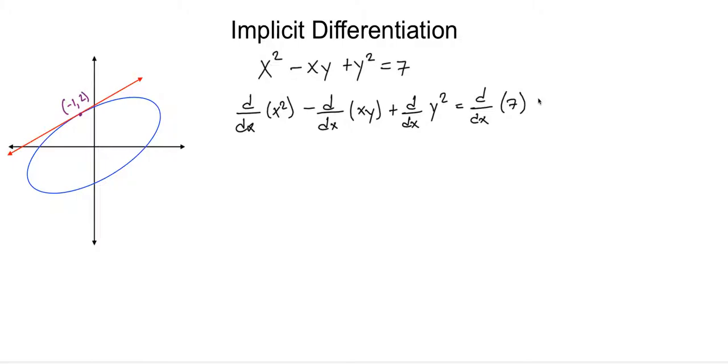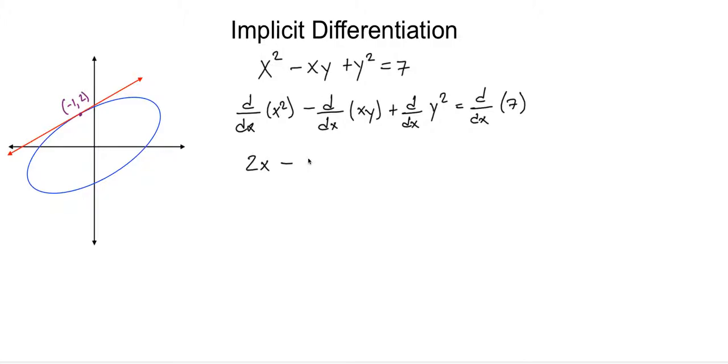Okay, so again, we're going to have to end up using, or sorry, not chain rule, but product rule in the middle right here, because that's going to be the product of x times y. So let's start right here with the derivative of x squared. That's simply going to be 2x. Okay, minus, and we have to use the product rule right there.